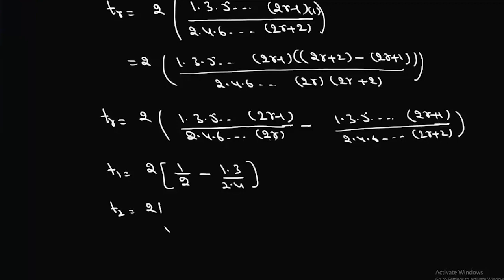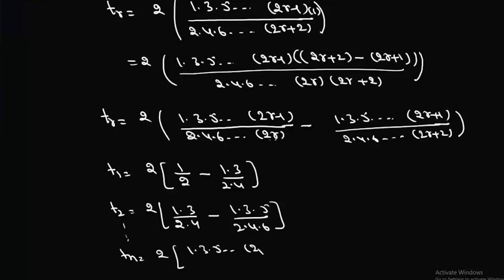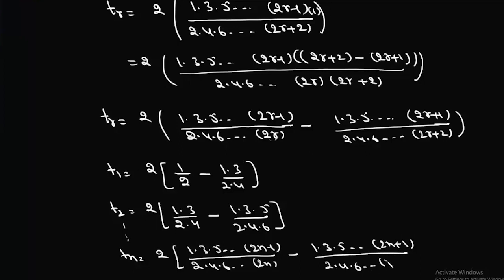Now if we put r as 2, it will be this 2, now this is 1 3, and this is from 2 to 4 minus 1 3 5 2 4 6, and it will continue like this, and this nth term will be 2, and this is 1 3 5 up to 2n minus 1 upon 2 4 6 up to 2n, minus 1 3 5 up to 2n plus 1 upon 2 4 6 up to 2n plus 2.